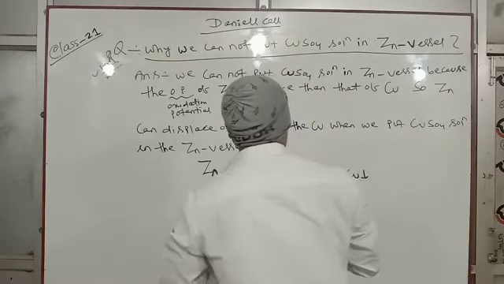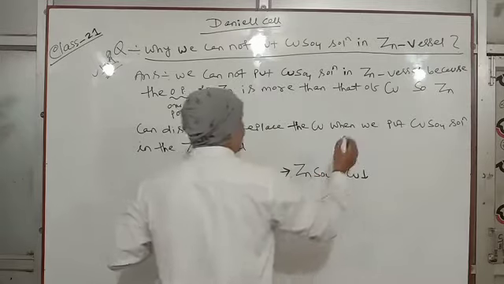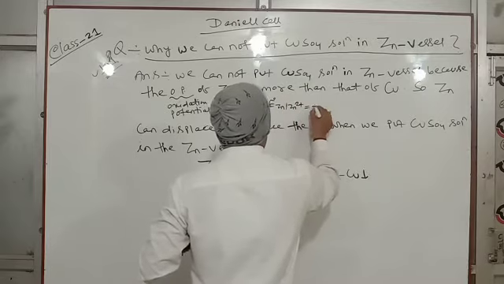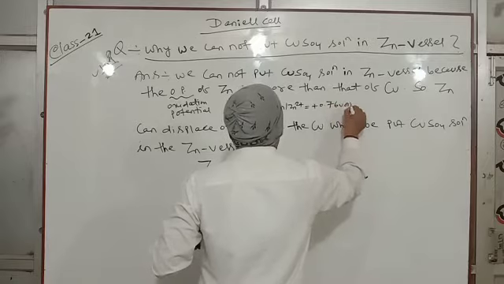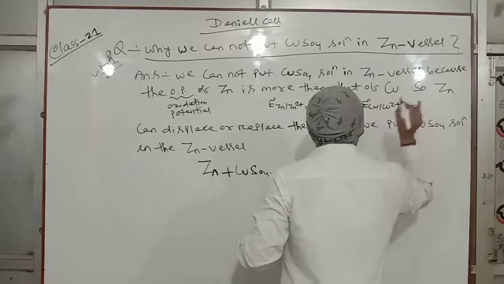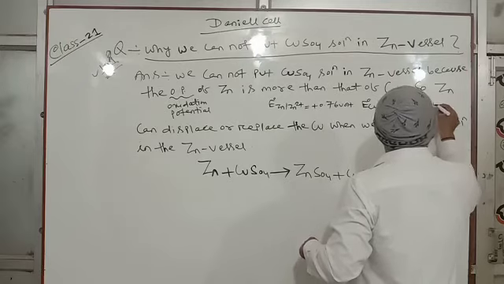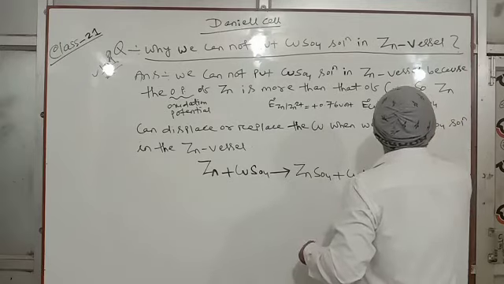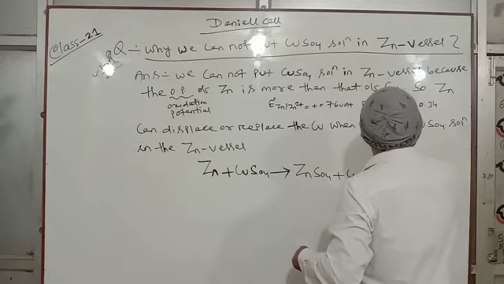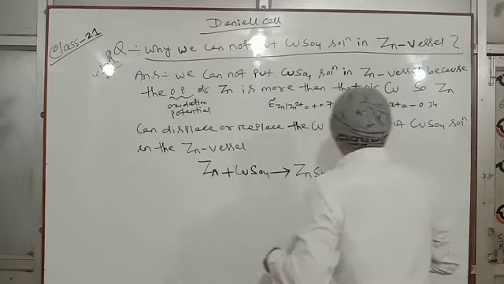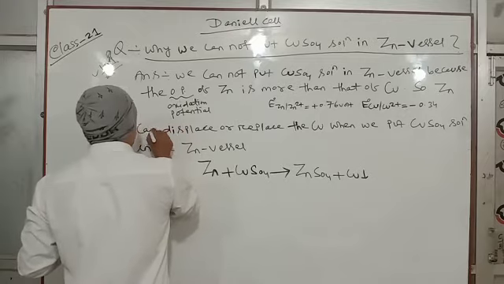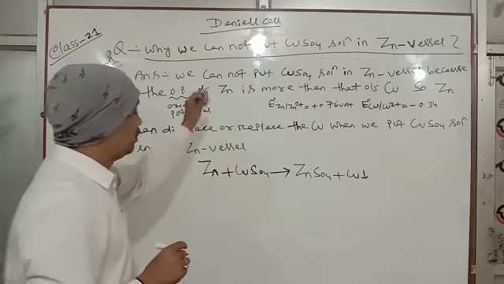And for more clarity, you can represent the oxidation potential of zinc, plus 0.76, and copper, minus 0.34.